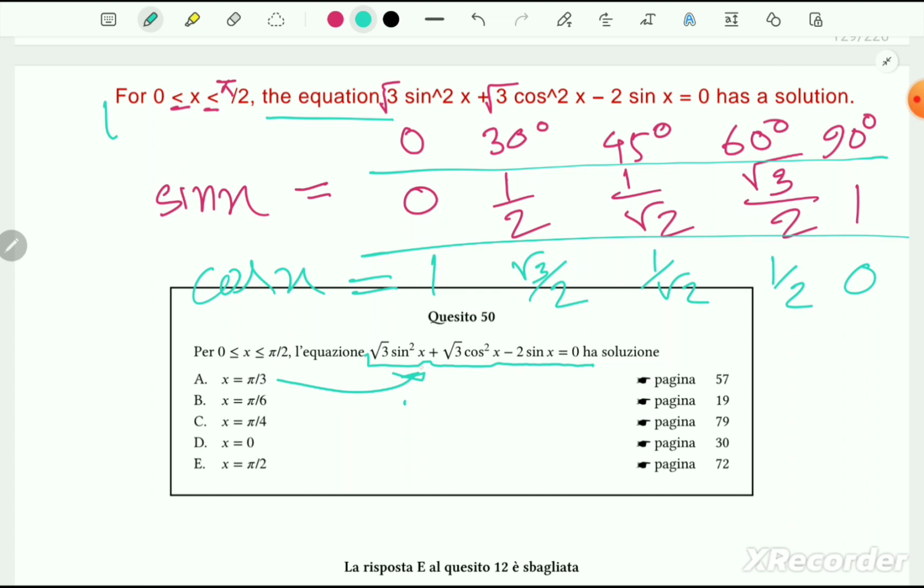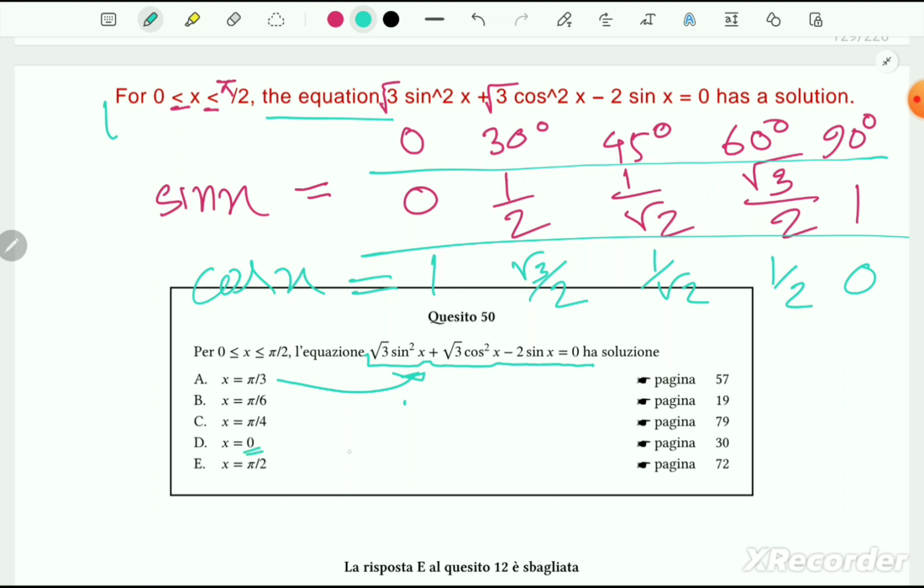Sine 60 degree has a value of root 3 by 2, cos 60 degree has half. But it will most probably not give us the correct answer. How about 0?